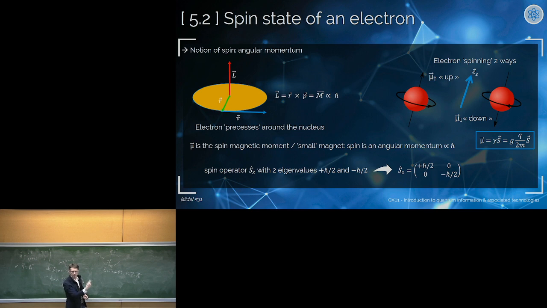So this behavior would be the equivalent of the spin of the electron, except that this spin state property is not continuous as opposed to the Earth spinning on itself. It can only have two typical states. So in other words, it means that the electrons can only precess in one direction or the other direction.